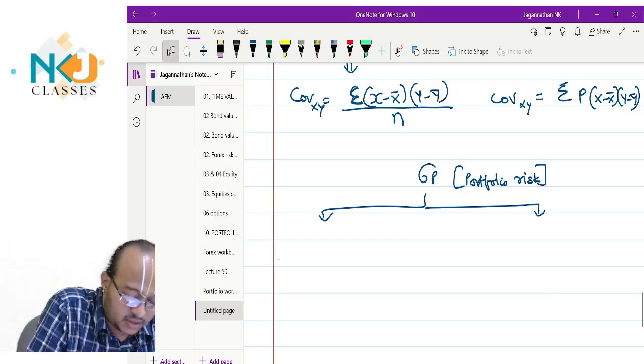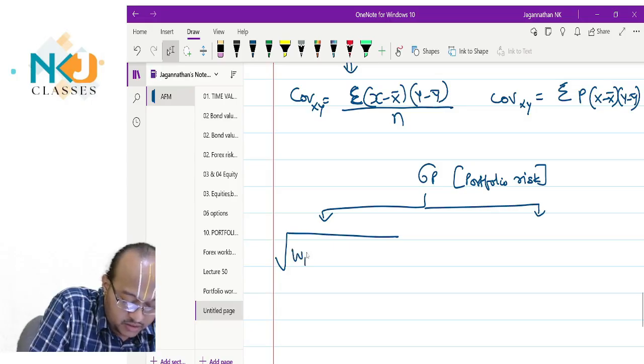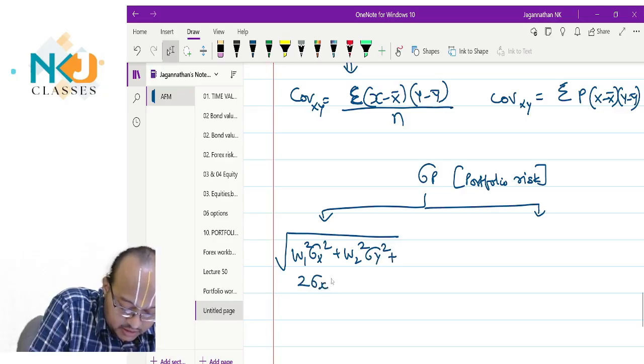What are those? See, the first formula we just computed, right? What is that? Please tell me. W1 square sigma x square plus W2 square sigma y square plus 2 into W1 W2 sigma x sigma y into R, the correlation of x and y.